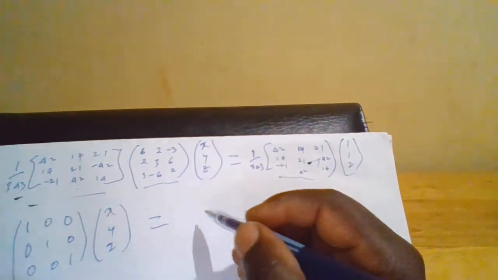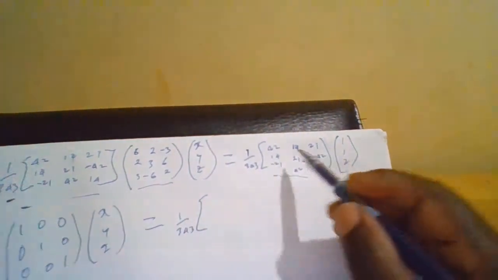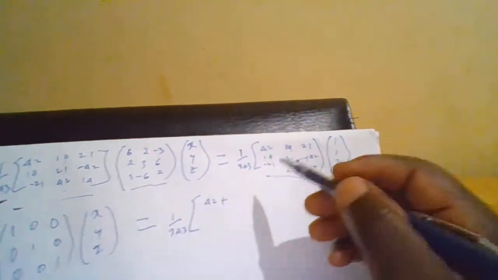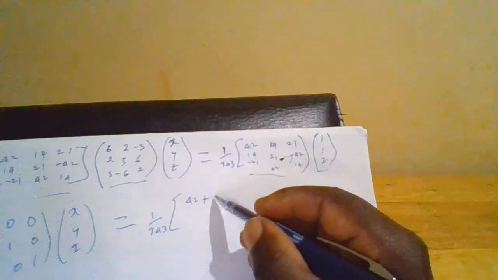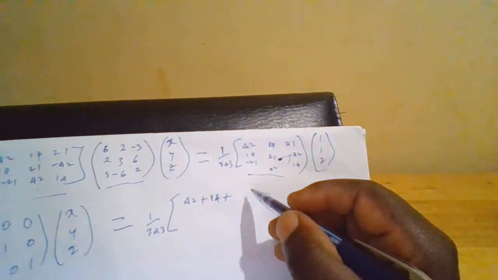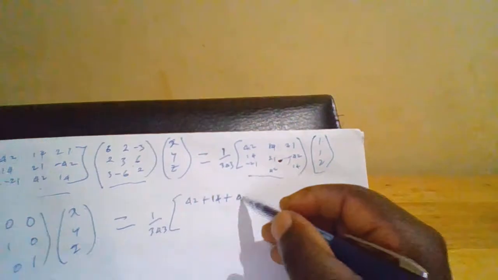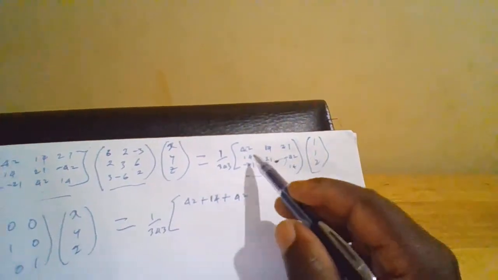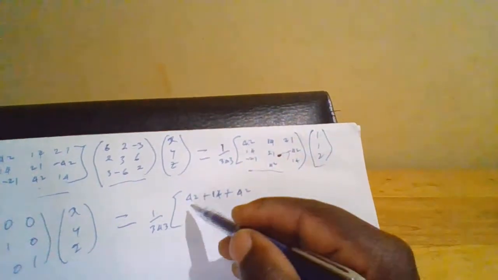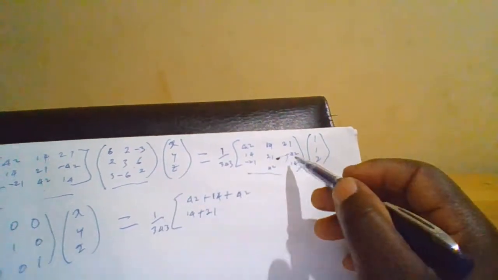So here we have 1 all over 343 into 42 times 1, plus 14 times 1, then plus 21 times 2. It will be 42. We are through that row. Then we have 14 times 1, 14, plus 21 times 1, which is 21.